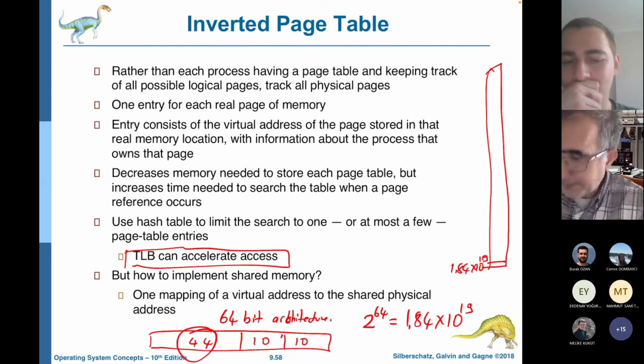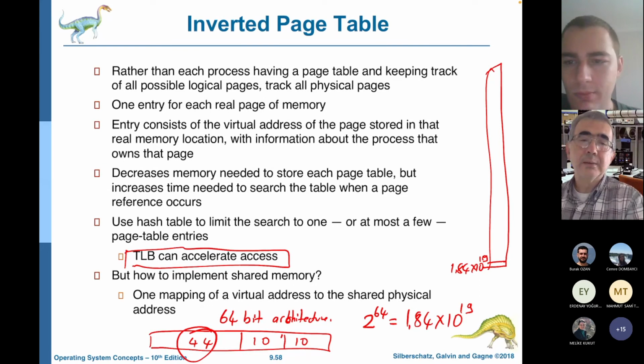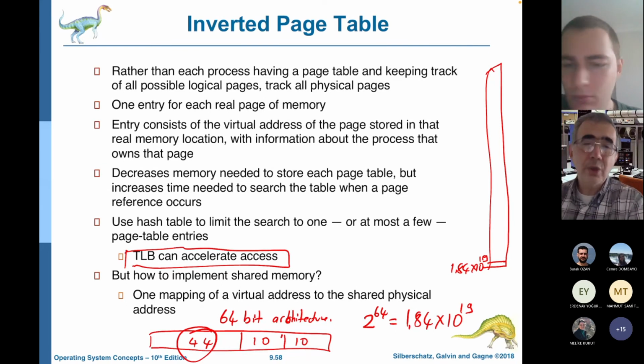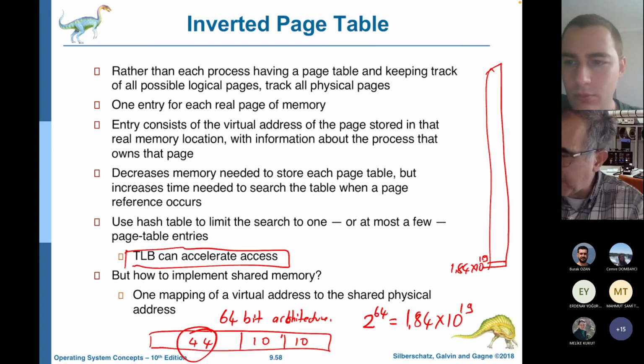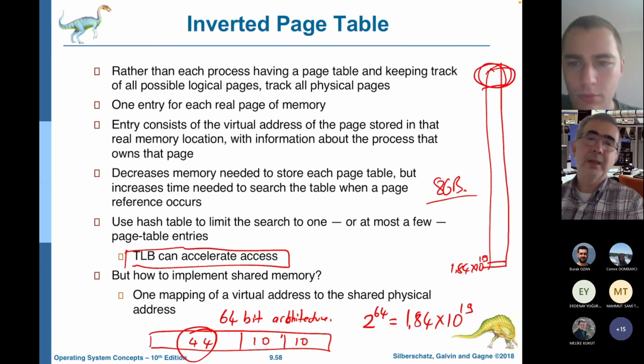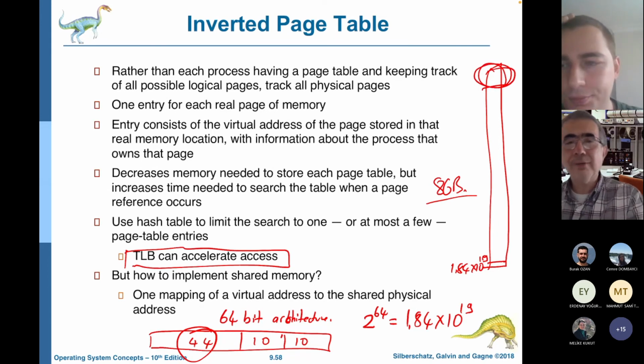Still too many. Do I have this kind of memory? No. What kind of memory do I have? I have 8 gigabytes of memory, which is here. Very small.